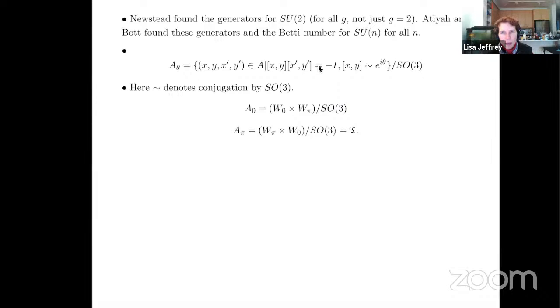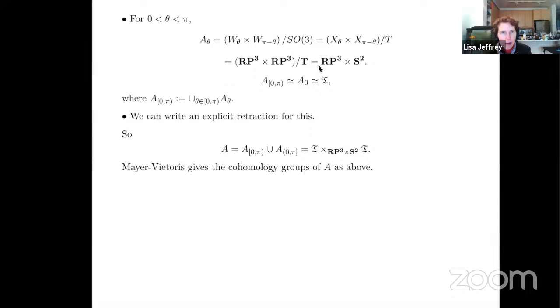A is foliated by these A thetas. They're just the level sets of the trace of the commutator of the first two elements, X and Y. And these can be written more simply in the case where theta is not equal to 0 or pi.